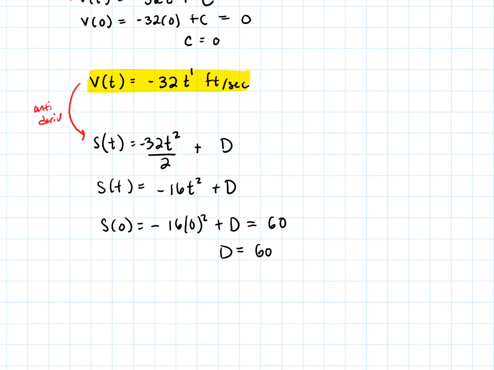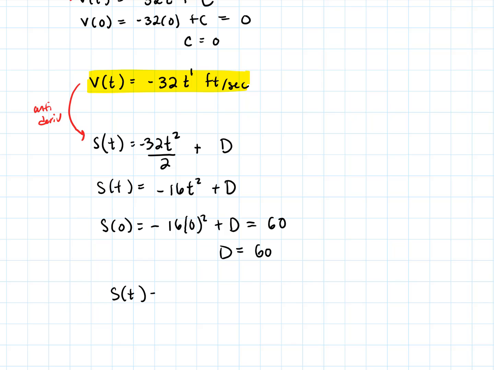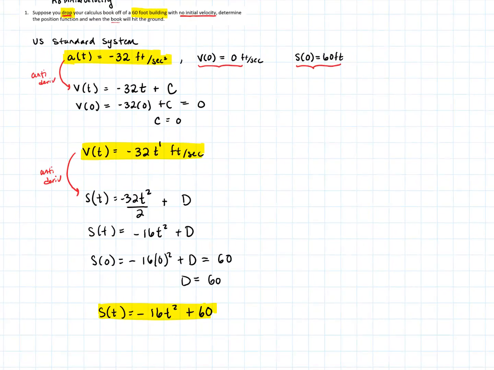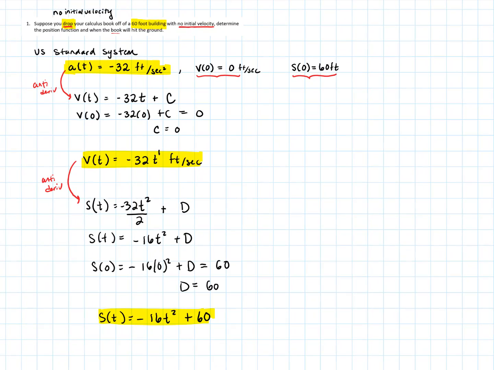So our position function is negative 16t squared plus 60. Okay, so really quickly, with just a little bit of information, we were able to generate all three of those functions based on just the laws of motion, a force. An object, when dropped with no other forces acting on it, has that acceleration due to gravity. And then using antiderivatives and some initial data, we have the position function.